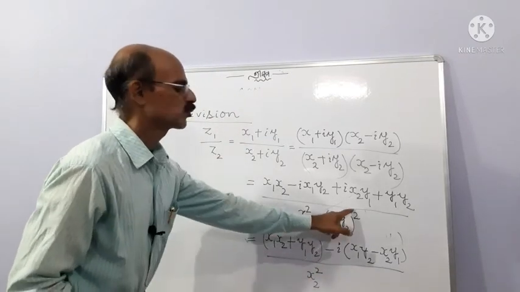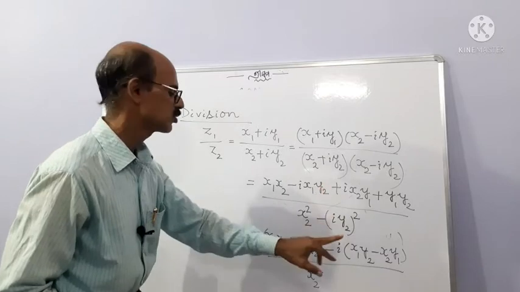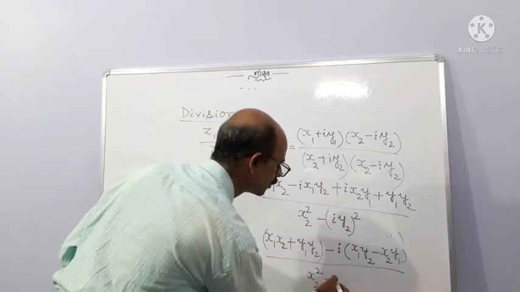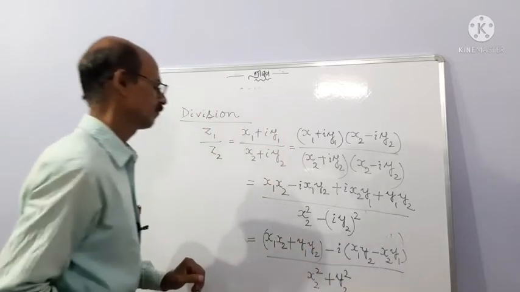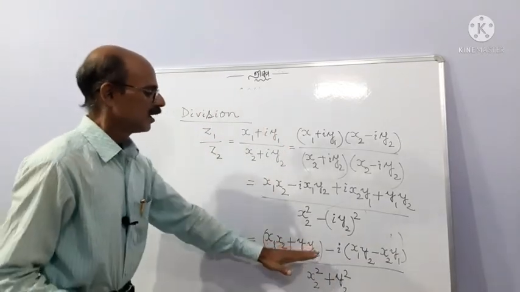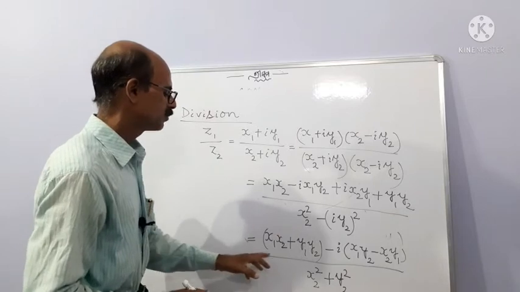See, it is i square. i square means minus 1 and this minus, it will be plus, so y2 square. Now be a little observant.